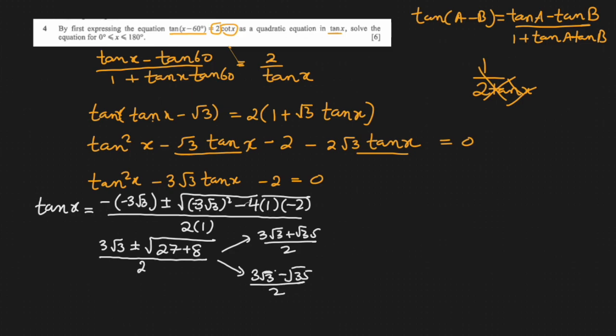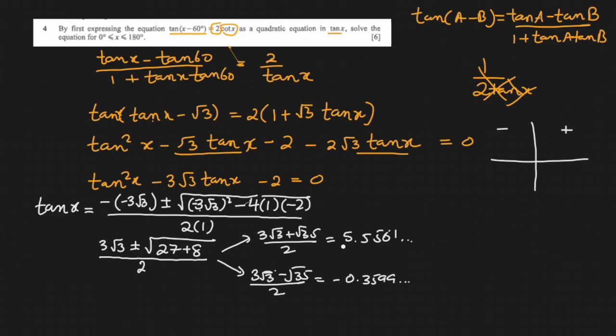If I convert them to decimals, this comes out to be 5.556, more digits, and this one negative, comes out to be negative 0.3599. Okay, and now since this is negative, this is positive, we have to look for the answers between 0 and 180. So tan is positive here and negative here.